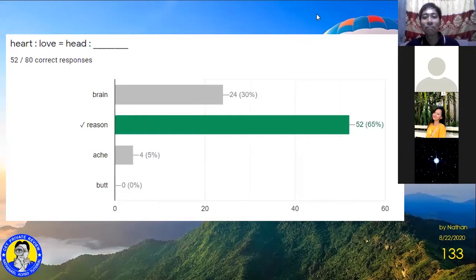It means you will use your head, piliin mo yung manliligaw mong pangit pero mayaman, or you will use your heart, piliin mo yung pogi na mahal ka talaga pero mahirap lang. I'm sorry. I'm reading your chats and I'm laughing because when love is mentioned, all of you become active.